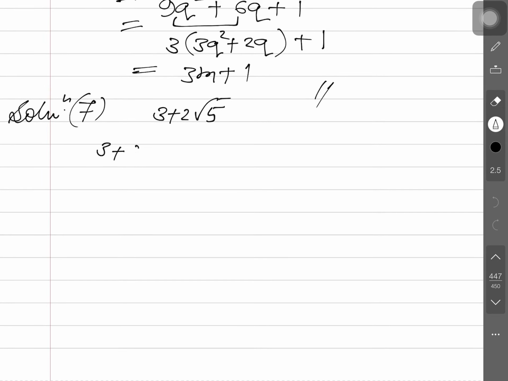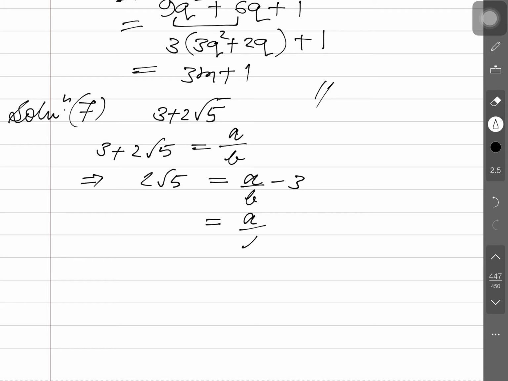3 plus 2 root 5 is equal to a by b. Further it can be written as 2 root 5 equals a by b minus 3, and that gives a minus 3b over b.